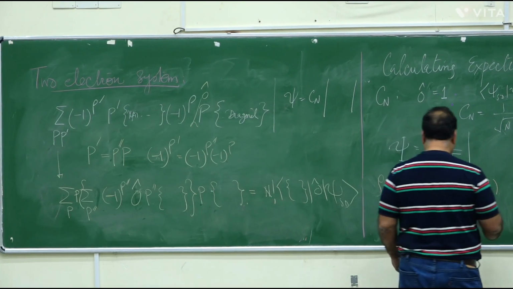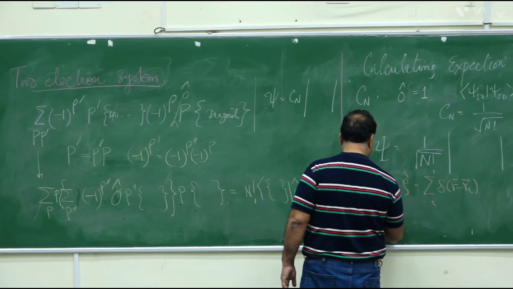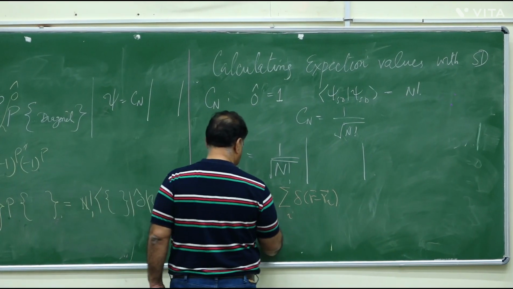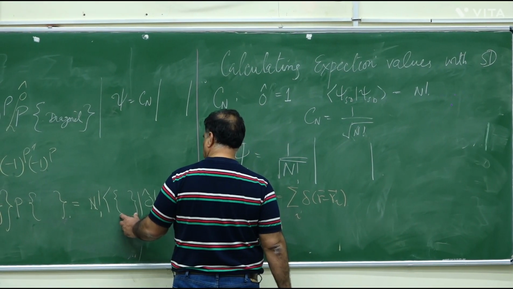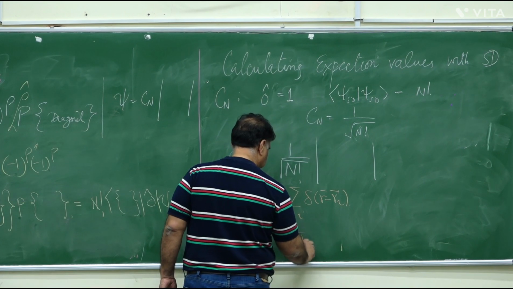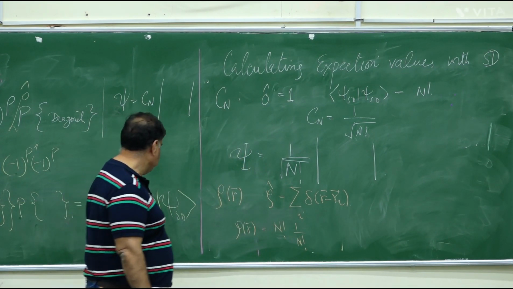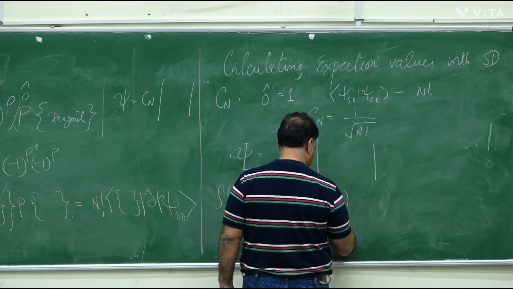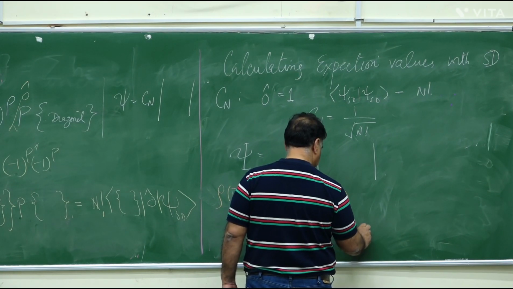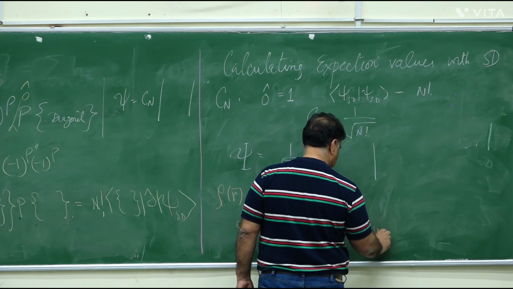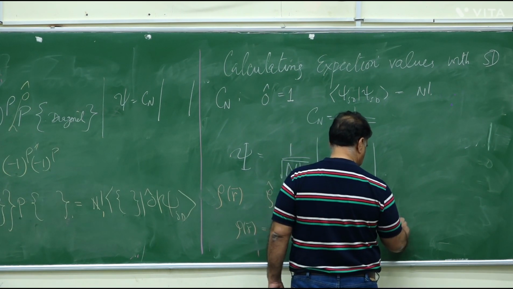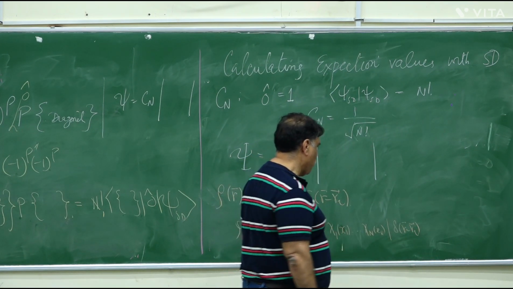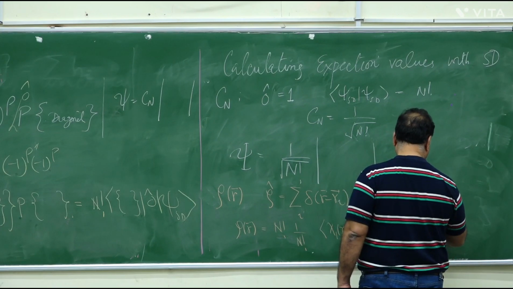So I'll have rho of r equal to 1 over n factorial, and then you have psi1 x1 all the way to psi n xn, delta of r minus ri, the Slater term.